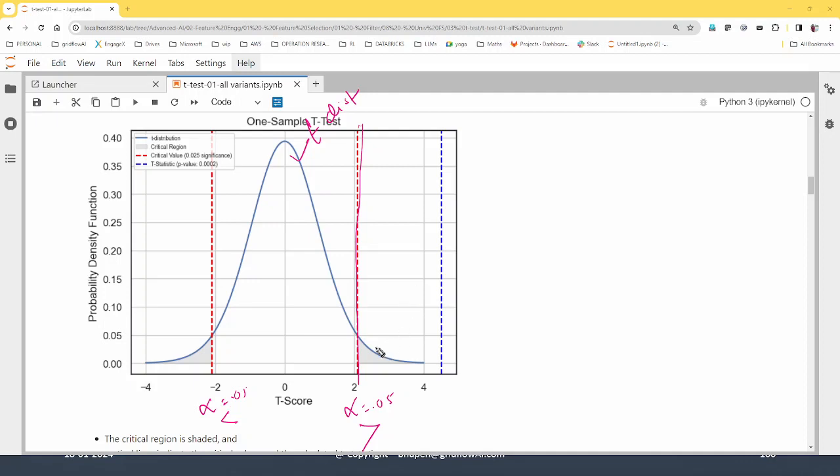If the test statistic falls in this region, either here or here, we say the null hypothesis is wrong and can be rejected. Notice here, the blue line, which is our test statistic based on our data, is actually beyond the critical value. That means it is in the rejection region. So we reject the null hypothesis.